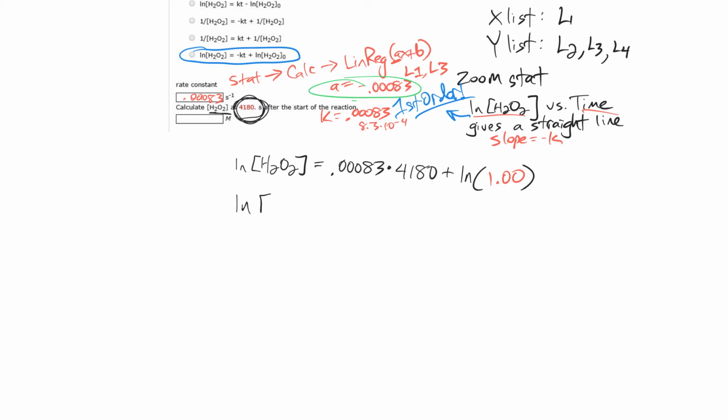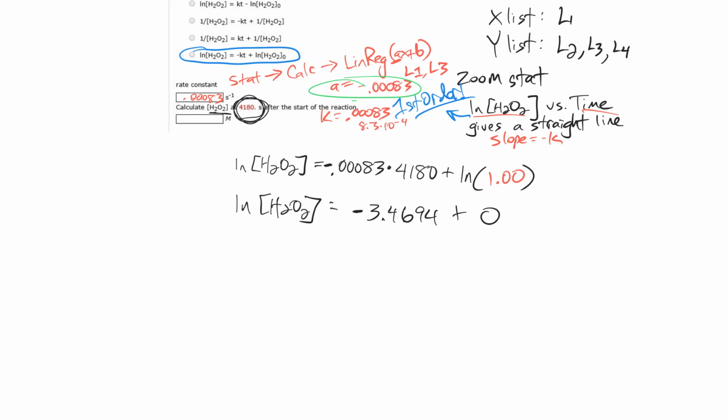So we've got the natural log of our variable. If I pull out my calculator at this point, I get negative, oh, there should be a negative sign here. So for the value of K, it's a negative K. I had initially forgotten to write that down. 3.4694, and the natural log of 1 is 0.